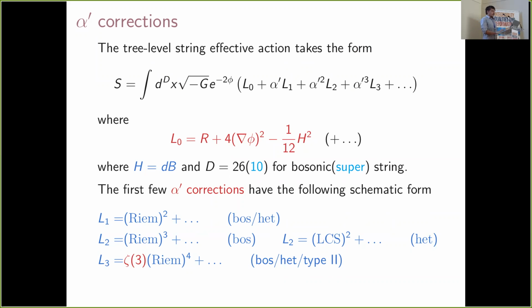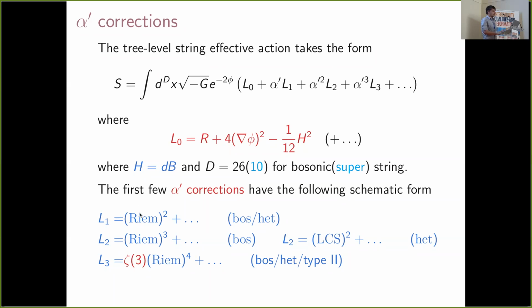And then we are interested in the first few of these alpha prime corrections, and at least their schematic form is known to be the following. So the first correction at order alpha prime exists for the bosonic string and the heterotic string, and it involves the Riemann tensor squared plus some other stuff, which we won't need here.